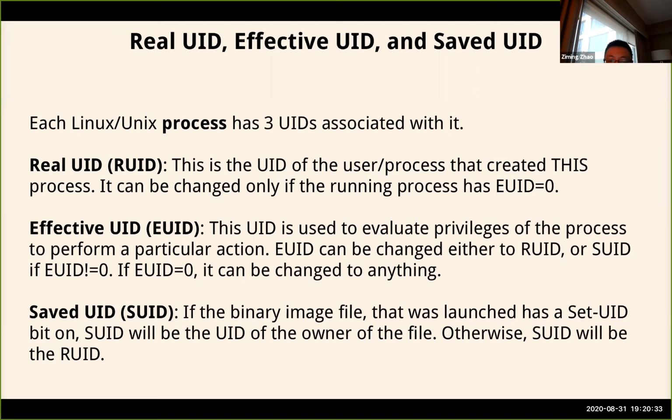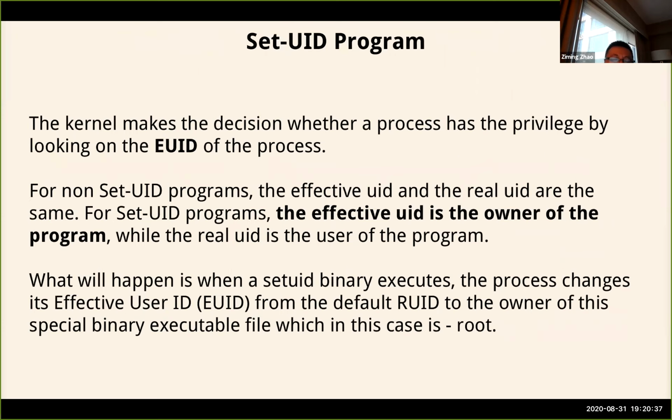Otherwise, it will be the real ID. Let's look at a more concrete example. First of all, remember the kernel decides whether a process has the privilege to do something by looking at the EUID of the process, not the real ID, not the saved ID.